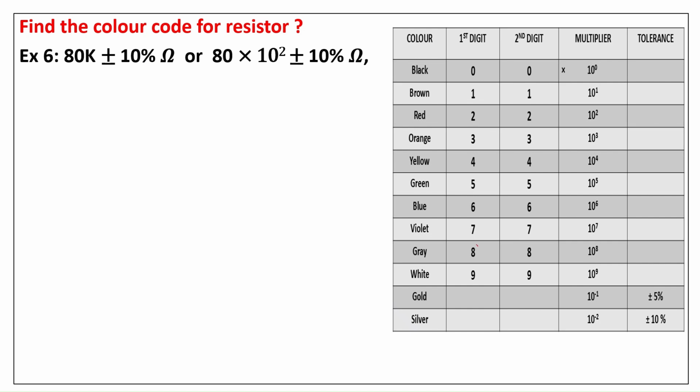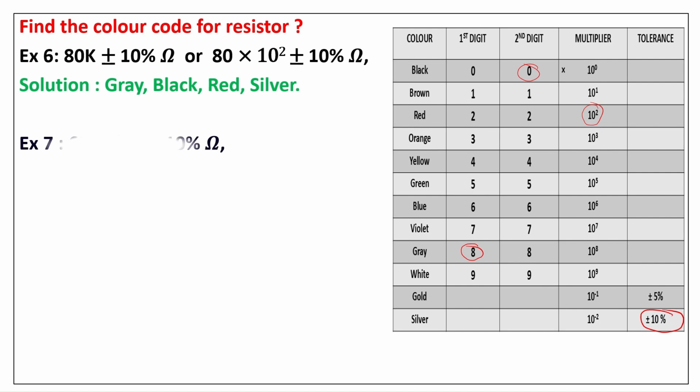First digit 8, that is grey. Second digit is 0, that is black. Third band is into 10 to the power 2, that is red. Tolerance is plus or minus 10%, that is silver. So the colors are grey, black, red, silver.